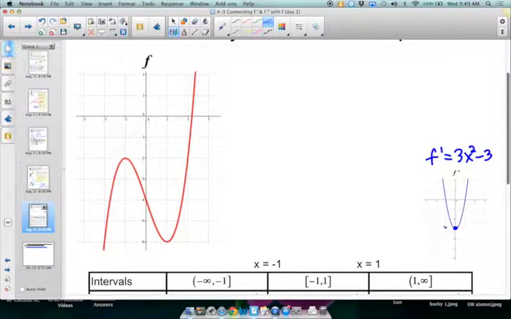Yep, this is definitely a minimum for the derivative. Okay, what does that mean for the original function? Where is this minimum for the derivative? Where is that over here on the function? Okay, I agree. Where's that physically on the function graph? It's right here, yep. There's where that derivative value has a minimum. And so that's our point of inflection.